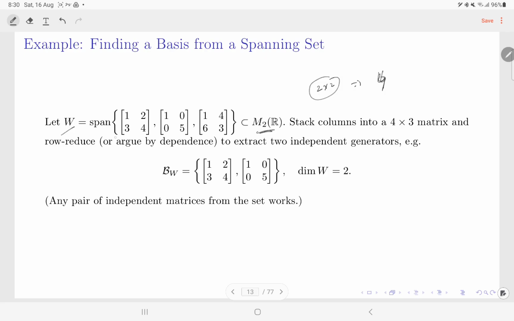So there are these three matrices given which span this vector space. Are these three linearly independent or dependent?